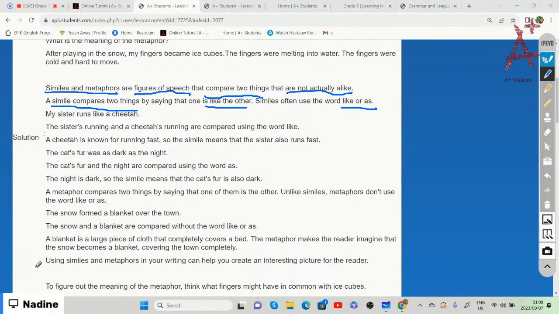The cat's fur was as dark as night. So, which means that the cat's fur and the night are compared using the word as. Remember, we said with similes, similes use the words like or as, to basically compare two things.